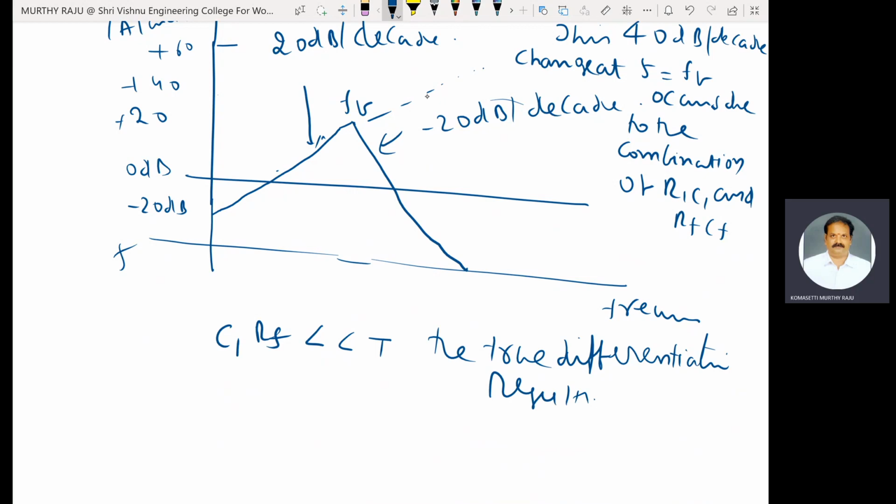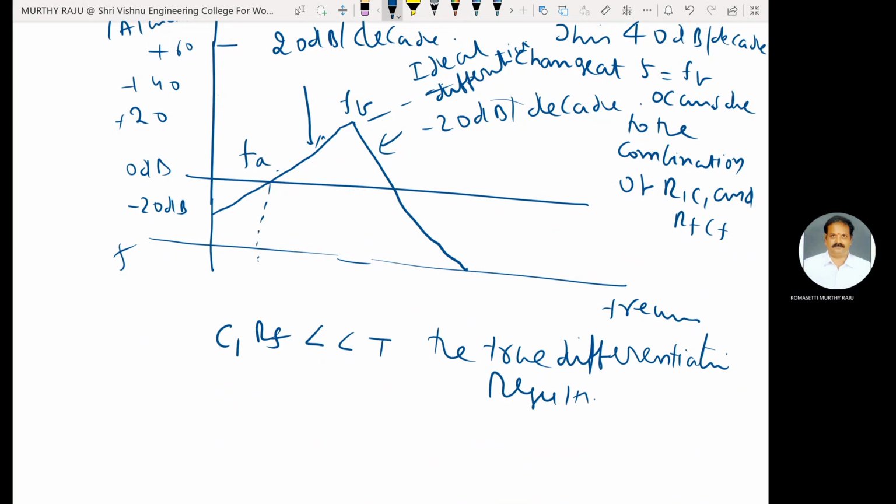This one is an ideal differentiator. The gain increases like that. This is the FA point here. This one is the FB point.